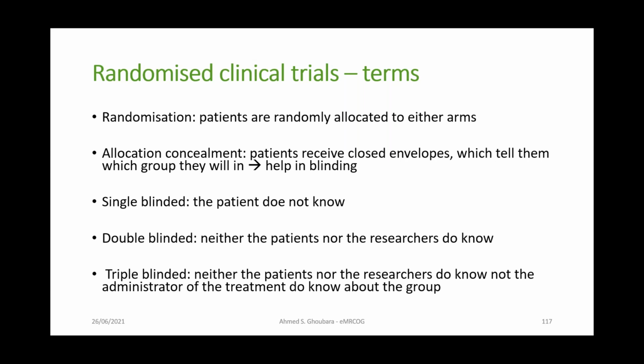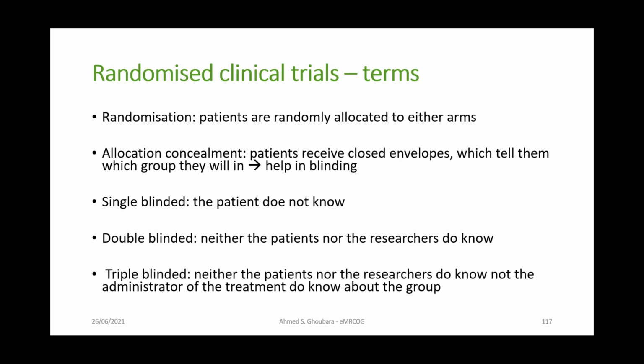Sometimes you have people who assist you in the research, like a trainee or other junior doctors, or a research nurse, who will give the patient the medication themselves. Triple blind means the three of you: the patients, the administrator of the treatment, and the investigator. Nobody knows anything at all. We're all blinded, triple blinded.